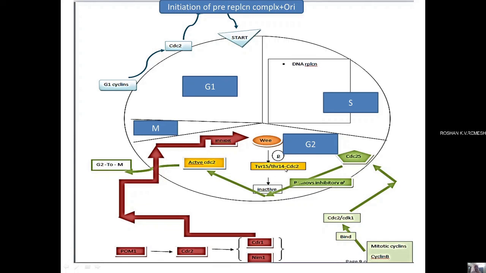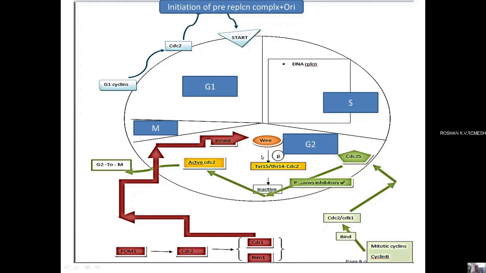That means it removes the phosphorylation at tyrosine 15 and threonine 14 of CDC2. Now CDC2 gets activated, and the cell cycle drives from G2 to M phase.